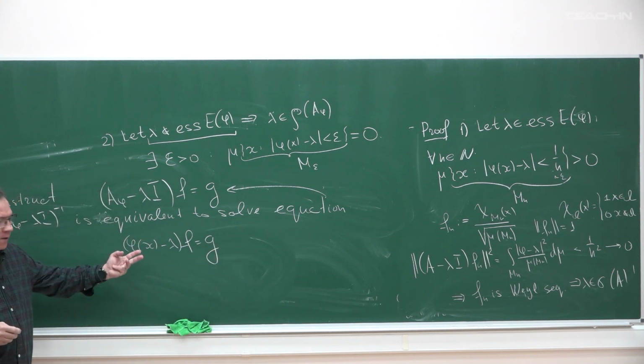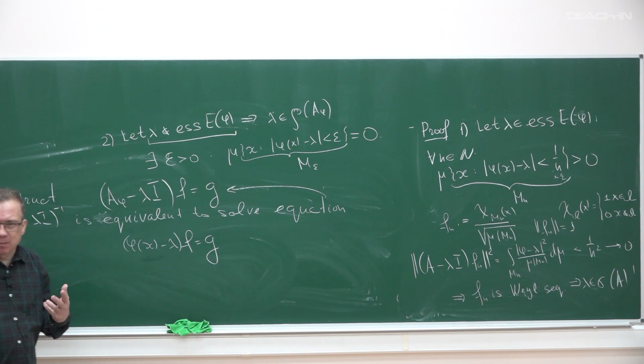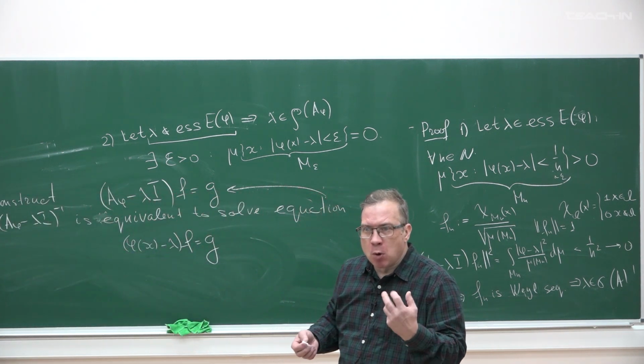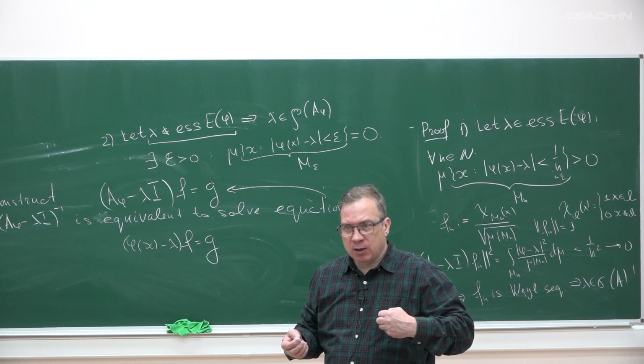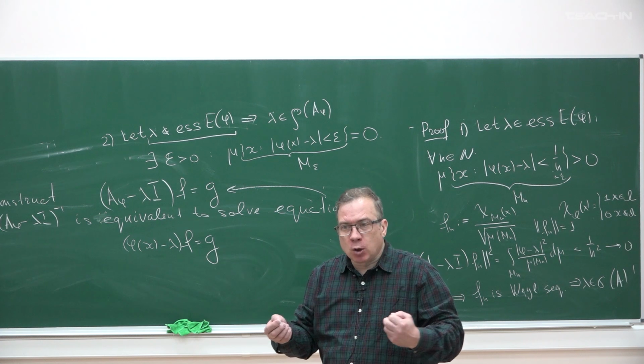And to find f, it is sufficient to divide by the first factor. But dividing is a bad operation because this factor can be small. And if you divide by this, then function f can be large, and it may not lie in L2.